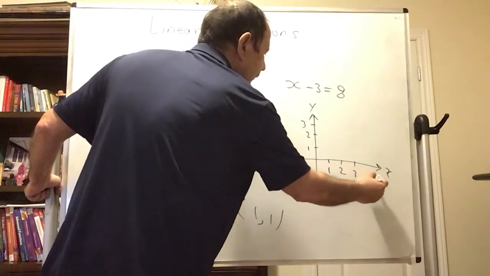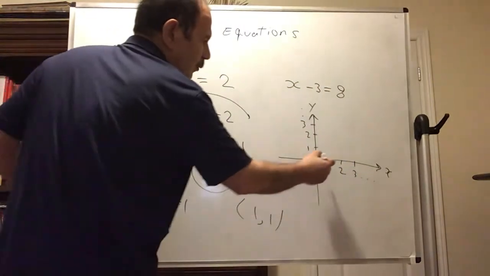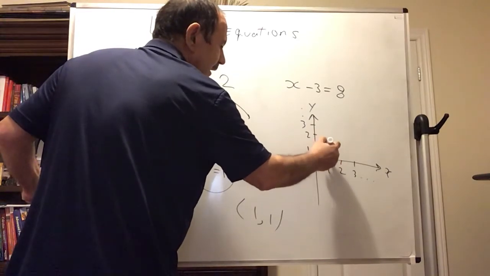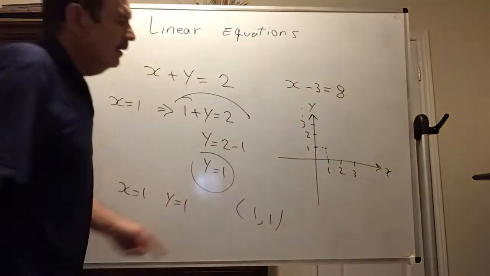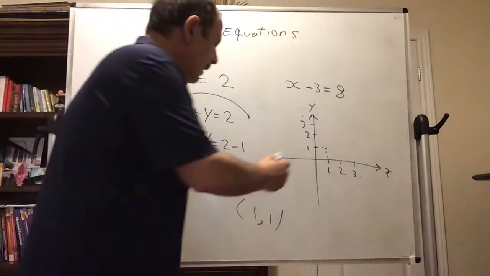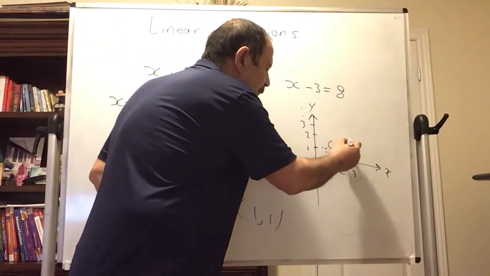And if you remember, (1, 1) is in the first quadrant, and if I draw a vertical line from x equal 1 and a horizontal line from y equal 1, this is the point (1, 1).